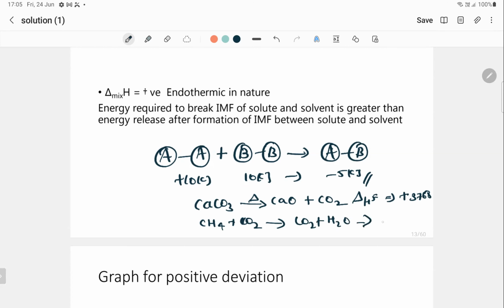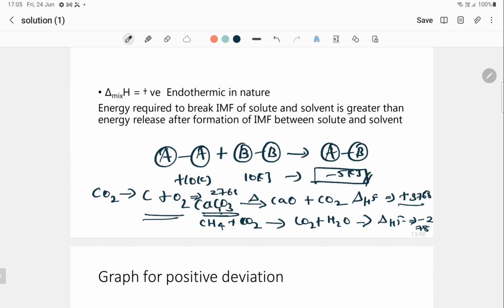Here your delta H formation will be around minus 278 per mole. See, in calcium carbonate the bond is getting broken, so the amount of heat absorbed is positive. Say for example, if your CO2 is getting broken, carbon and oxygen bonds break, then the value will be 2768 per mole.